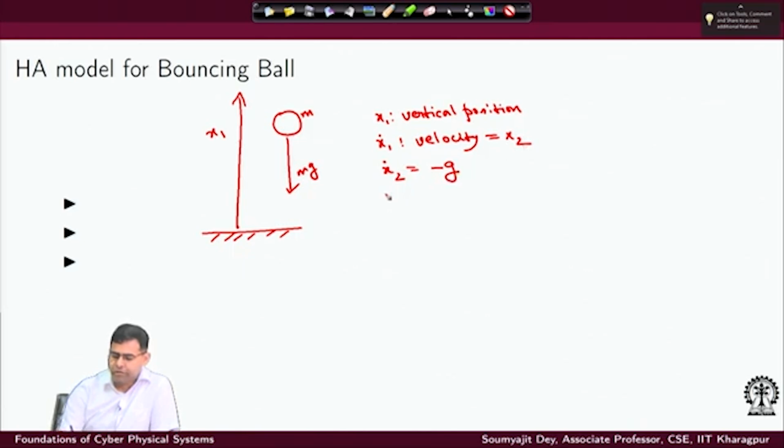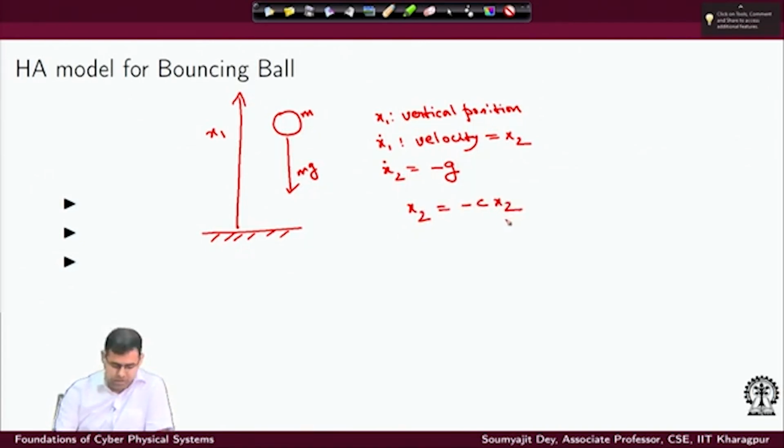And when you take the derivative of velocity, that is the acceleration, it is minus g, right. And when the ball hits the ground, let us say, it will have a change of direction of motion, and there will be a change in the velocity also, the scalar value also, and the speed will be reset using this kind of equation here. So, what will happen, this velocity component will change like this.